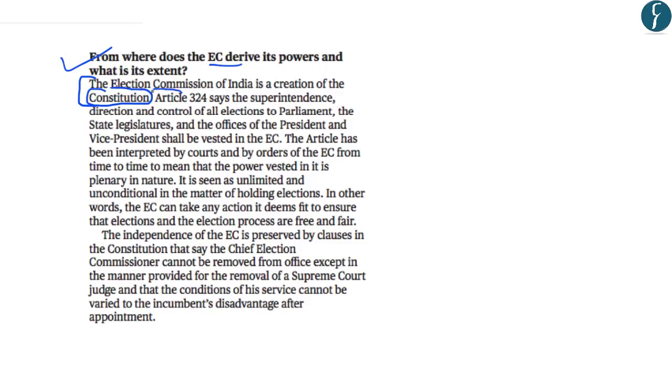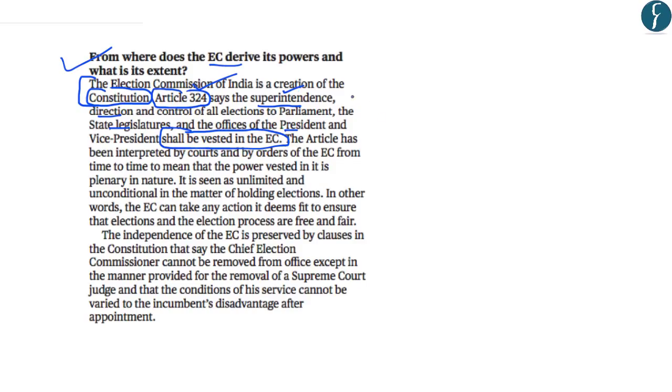And the Article 324 of the Indian Constitution says that the superintendence, direction and control of all elections to the Parliament, the state legislatures and the offices of President and Vice President shall be vested in the Election Commission of India. So the Article 324 provides Election Commission with powers of superintendence, direction and control of all the elections to the Parliament, state legislature and President as well as Vice President.